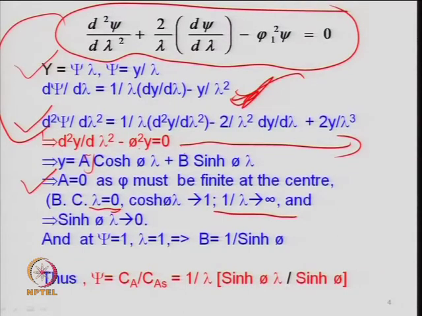And I told you that at the center of the pellet the concentration has to be finite. So, this constant has to be 0, right. This is the first interpretation from the boundary condition. So, the equation is now left with only the second term.